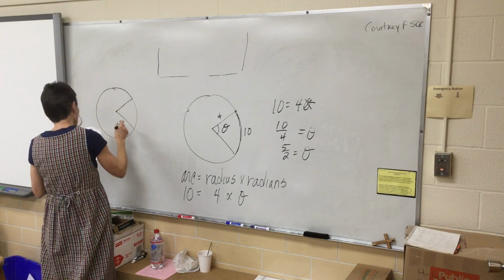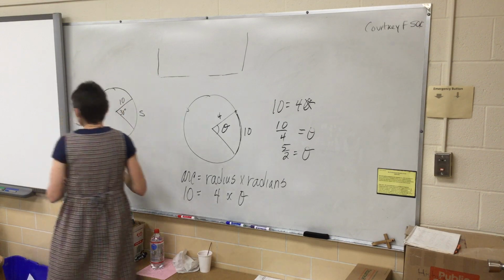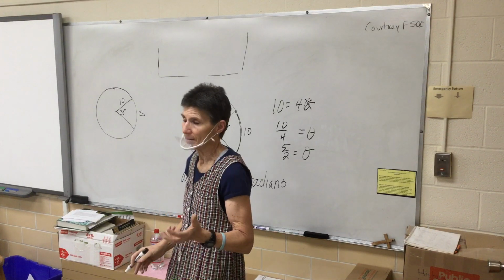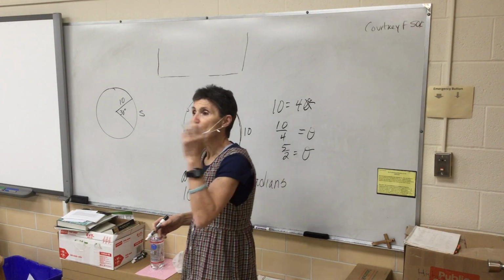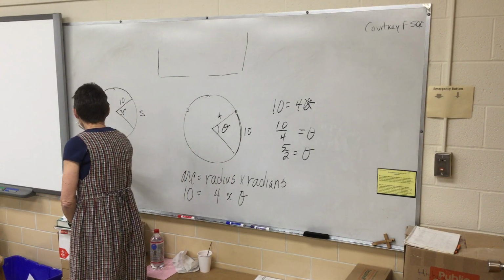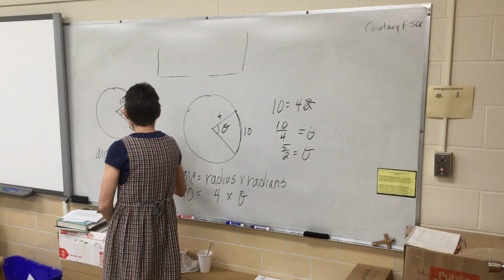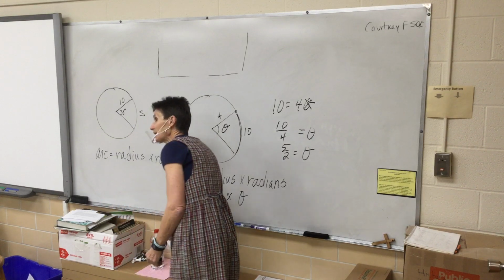Let's take a look at this guy here, because there's something bad about this problem. Our formula says arc length equals radius times radians. What's wrong with this problem? Exactly.